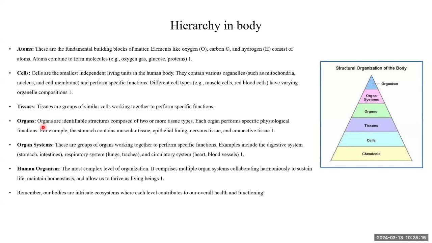Let's talk about the liver. The liver is an organ, and it contains different types of tissues or cells that perform different functions. For example, one function of the liver is to get rid of nitrogenous waste and convert it to urea, and then that urea goes to the kidneys and gets excreted as urine. Another function of the liver is to secrete or form proteins, like albumin.